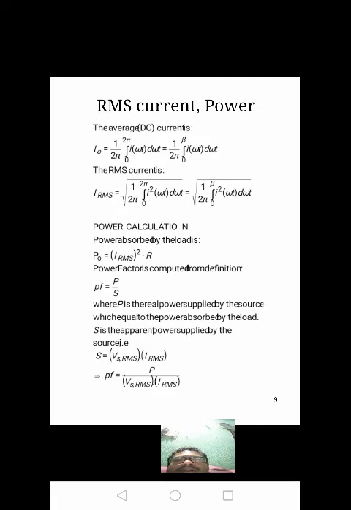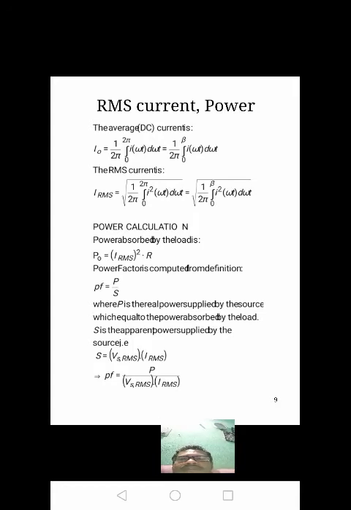The RMS current IRMS is equal to square root of 1 by 2 pi integral over 0 to 2 pi of I squared of omega t d omega t, that is equal to square root of 1 by 2 pi integral over 0 to beta of I squared of omega t d omega t. Here we are calculating the average current and RMS current by using the formulas.